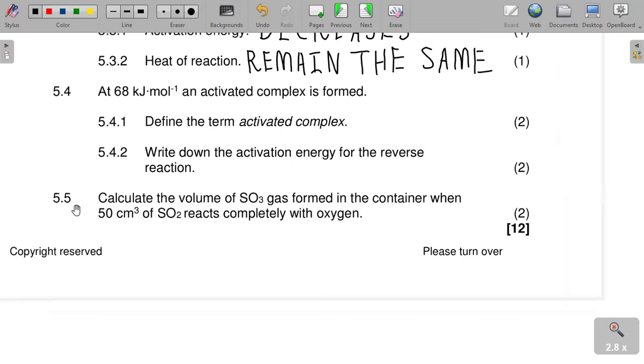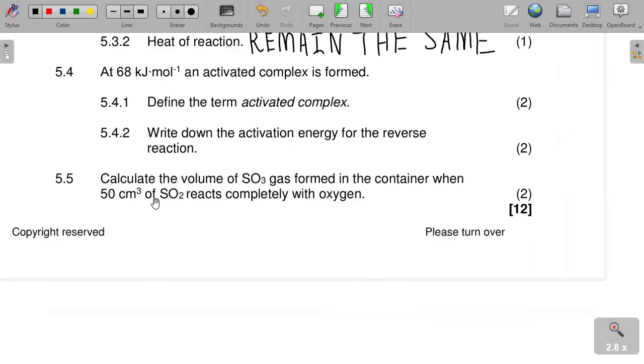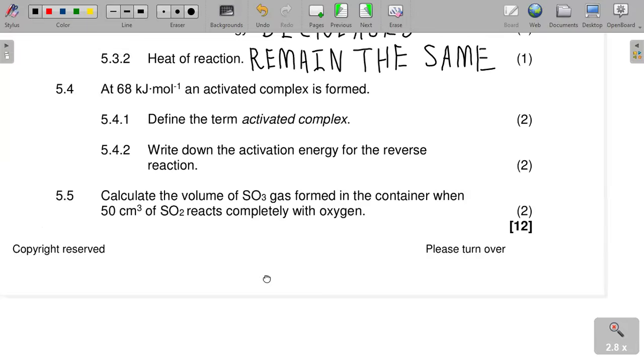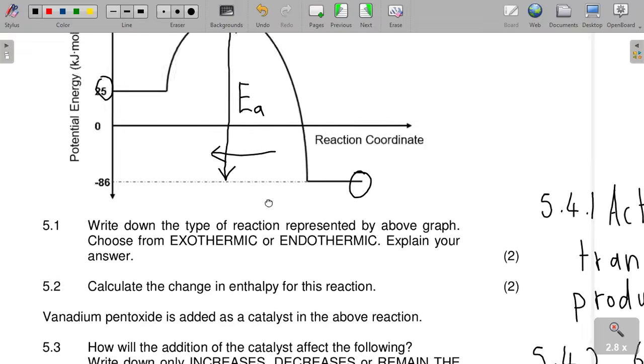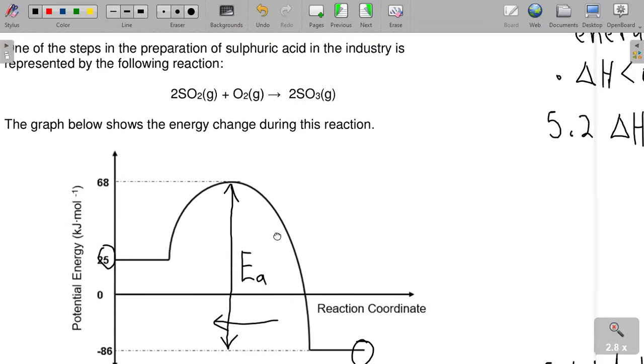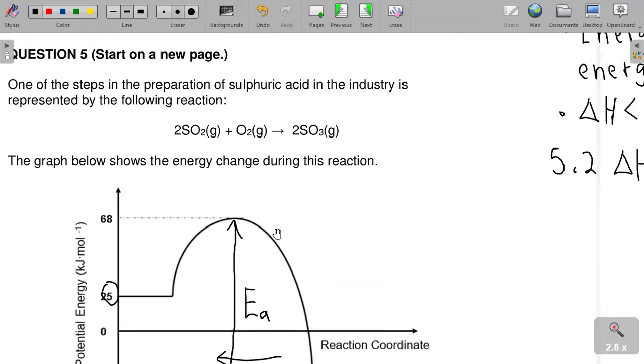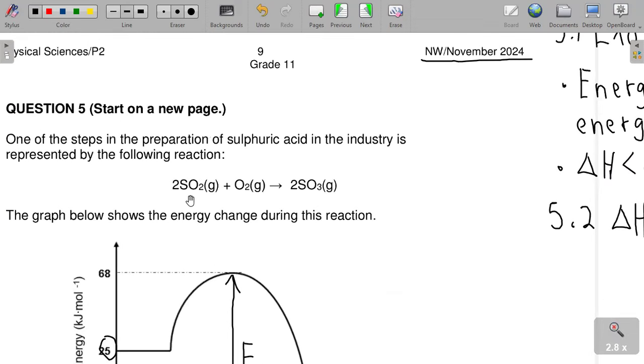So now 5.5, calculate the volume of sulfur trioxide gas formed in the container when 50 cubic centimeters of sulfur dioxide reacts completely with oxygen. Now we have to look at the ratio. Sulfur dioxide and sulfur trioxide have the equal ratio, 2 and 2.